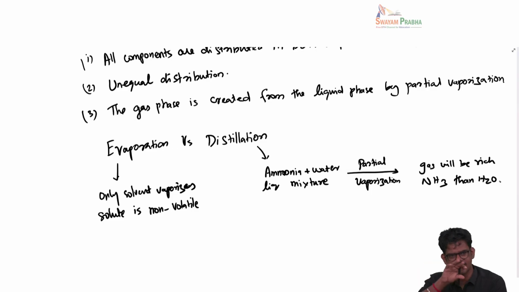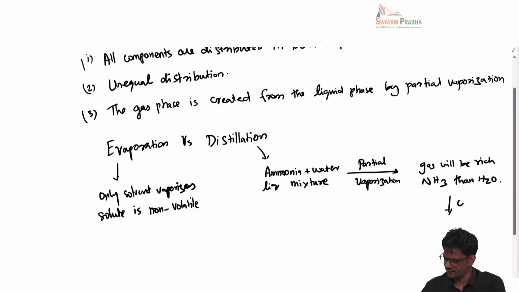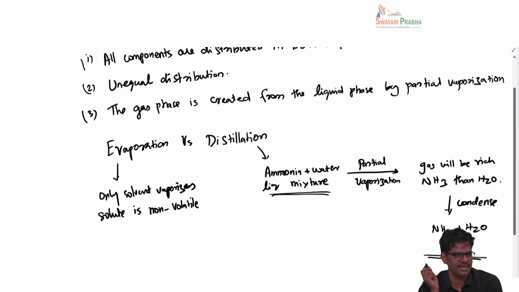So if I take that gas, part of the gas which I vaporized, and then if I condense it into liquid again, okay, if I condense this distillate, I get a liquid mixture again as a combination of ammonia plus water. Okay, this is a liquid mixture. And the difference between this liquid mixture versus the initial original mixture is that in the distillate, the composition of ammonia will be more than that was in the original.